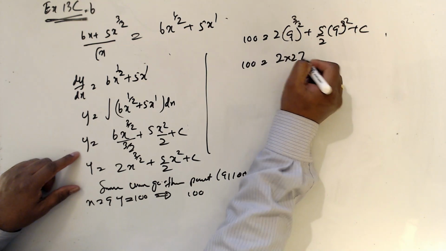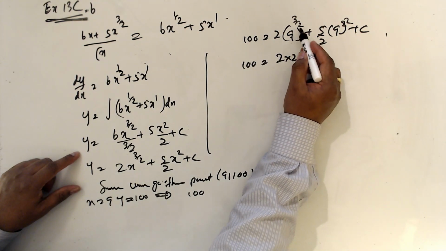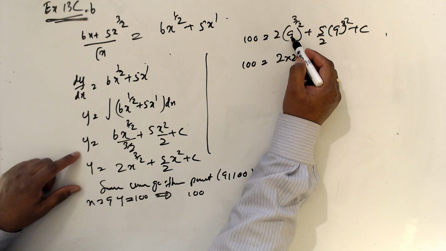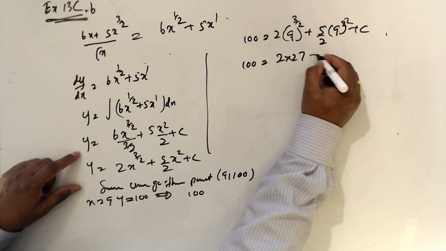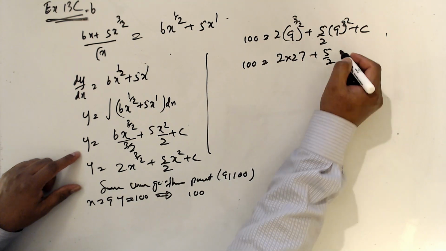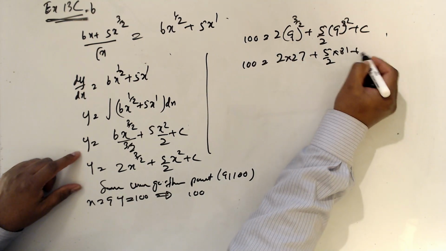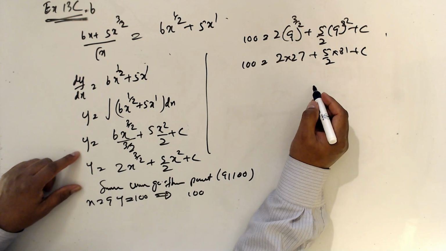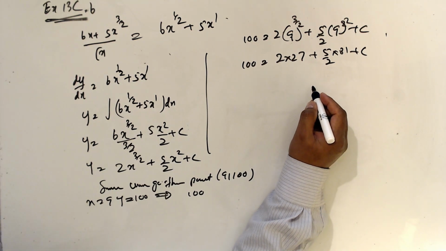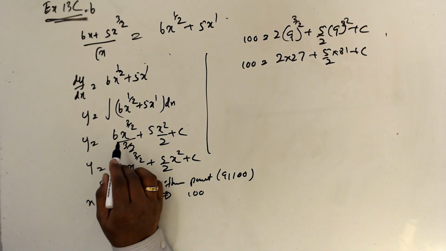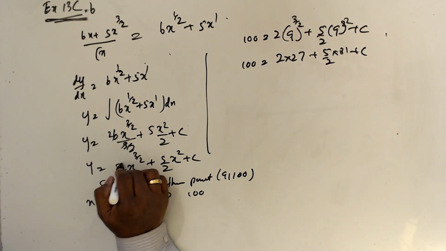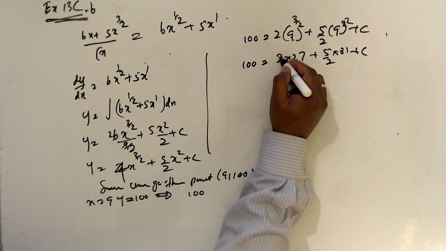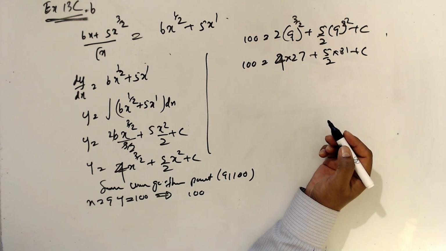When you see 9 to the 3 over 2, take the square root of 9, which is 3. 3 times 3, 27. So 5 by 2 and 81 plus c. Here 2 times 2, this has to be 4. So this has to be 4.